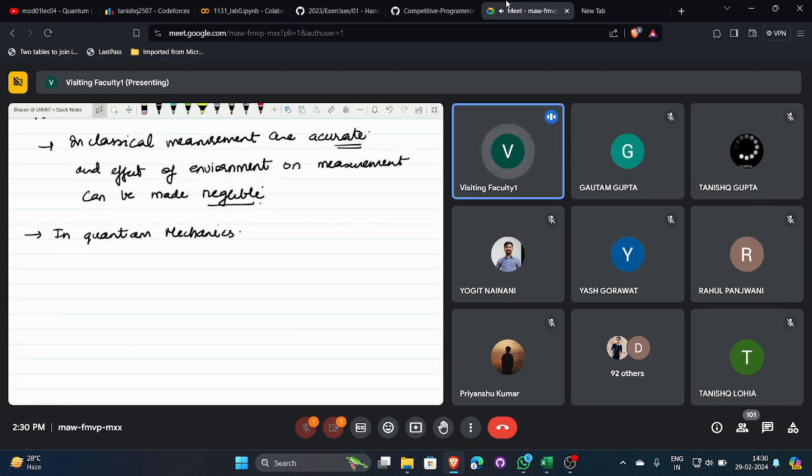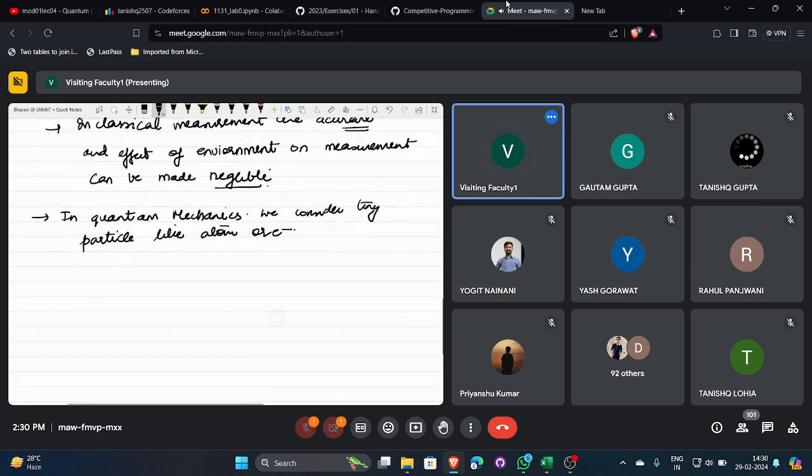But in quantum mechanics, we consider tiny particles like an atom or electron.